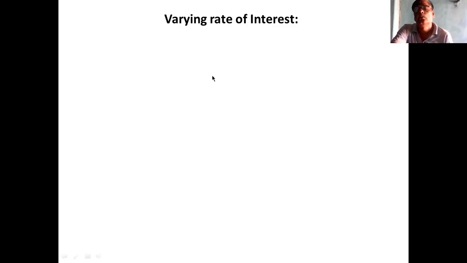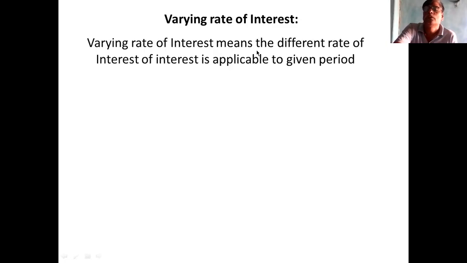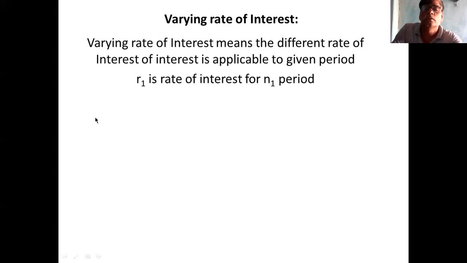Okay, so varying rate of interest means different rates of interest are applicable for a given period. For the whole period, instead of a single rate of interest, different rates of interest are applicable. That is called varying rate of interest. For example, R1 is the rate of interest for N1, the first period, and R2 is the rate of interest for the second period, N2.